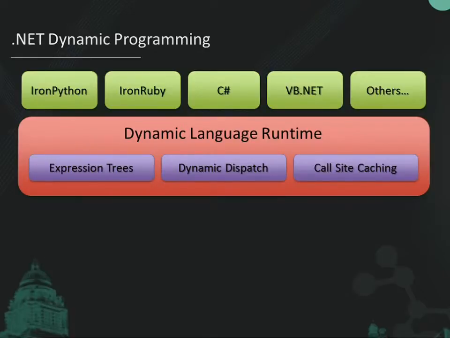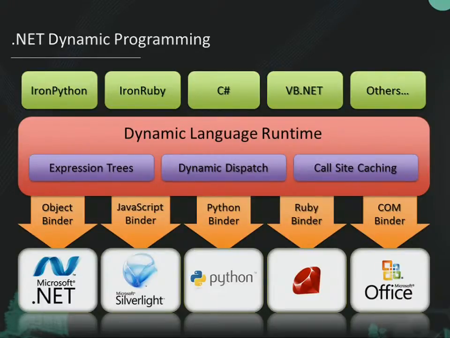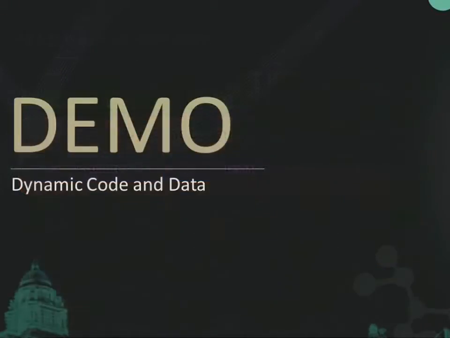And then we can bind to a lot of things. We can, for example, bind to JavaScript, which is running in the browser. So we can just dot into the HTML DOM from a dynamic object that lives in, for example, Silverlight, the script object APIs. So let's have a little look at the dynamic stuff we actually have available in .NET 4.